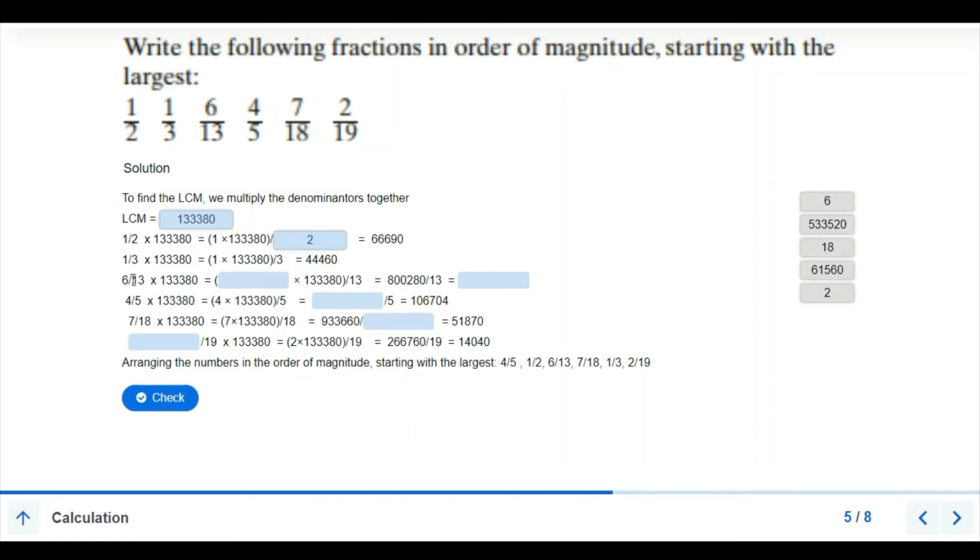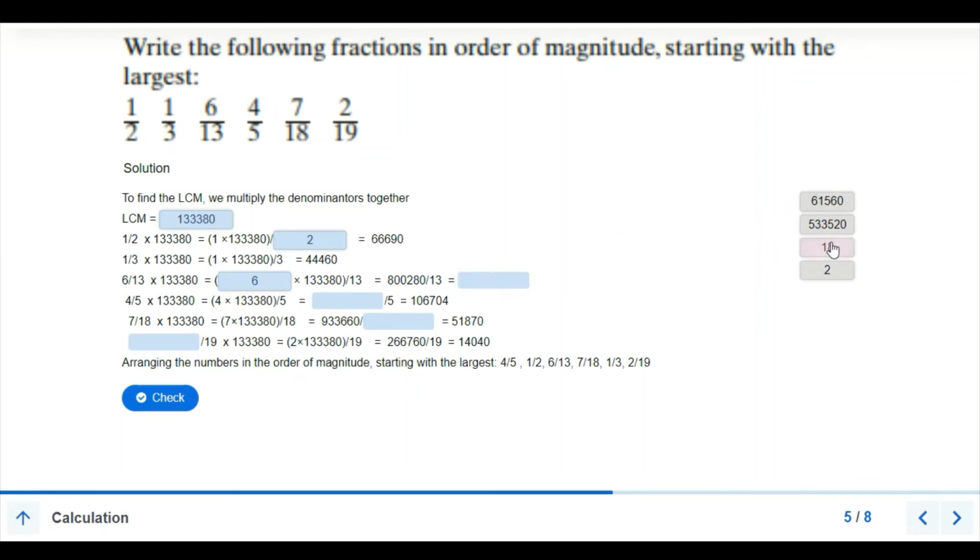If you multiply 6 over 13 by the LCM, the missing value here should be 6, because we are multiplying 6 with this, and our answer by the time we multiply through, then we have divided by 13. If you divide this by 13, so I believe we should be able to have this as our answer.